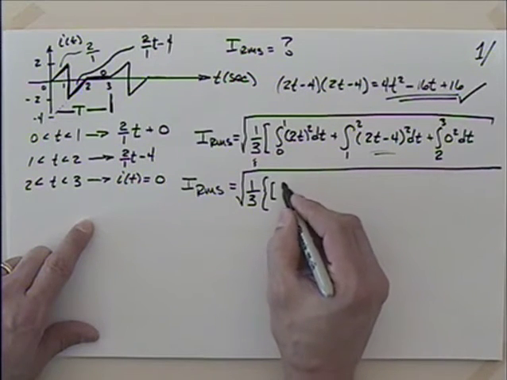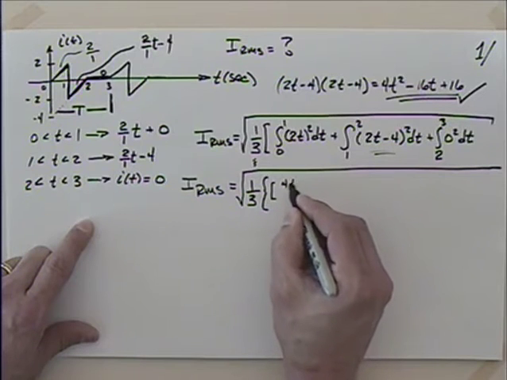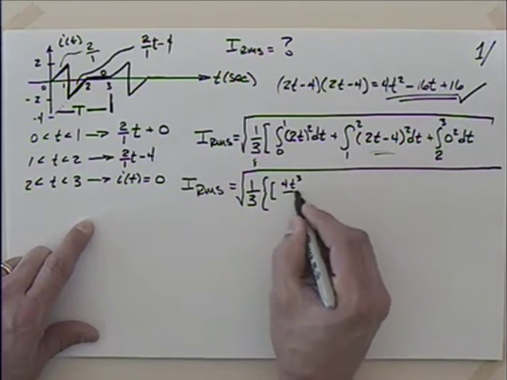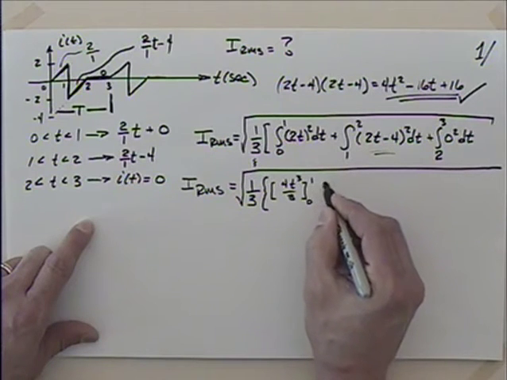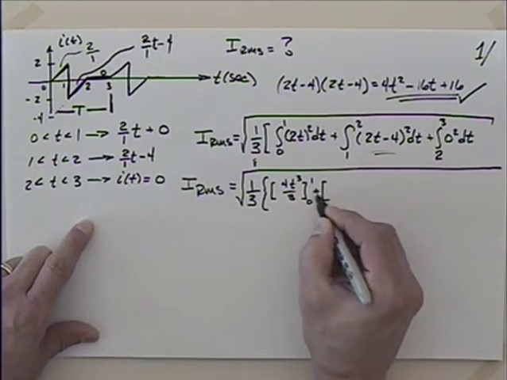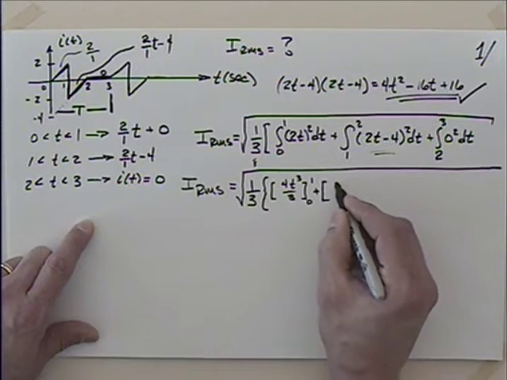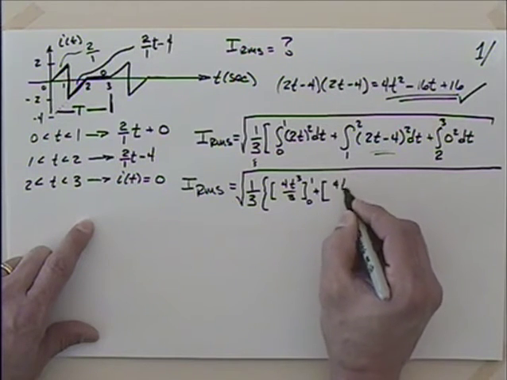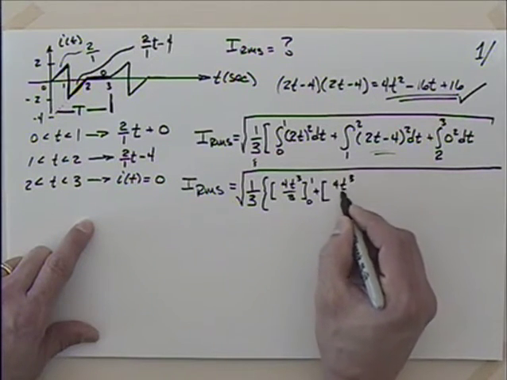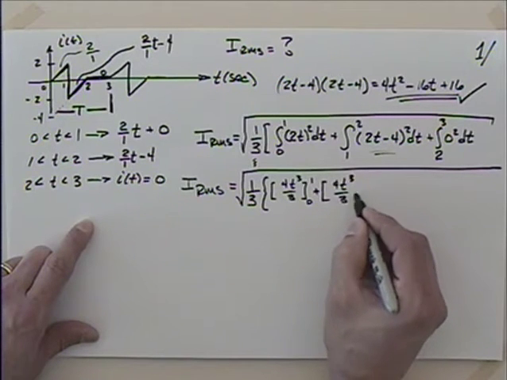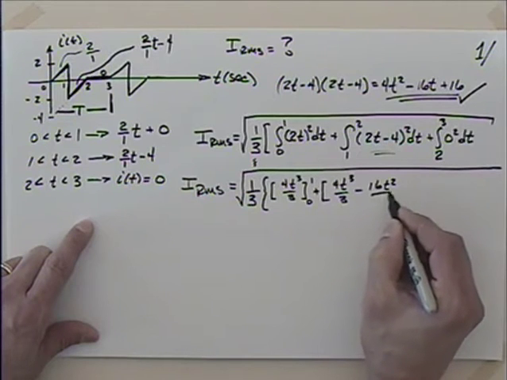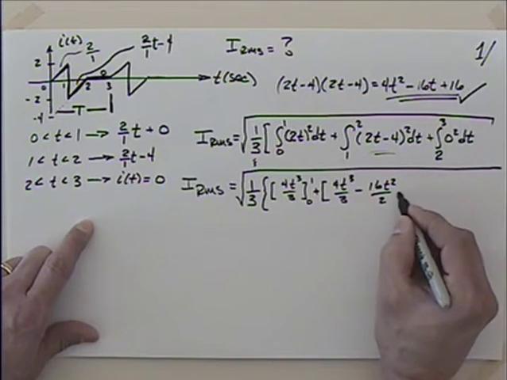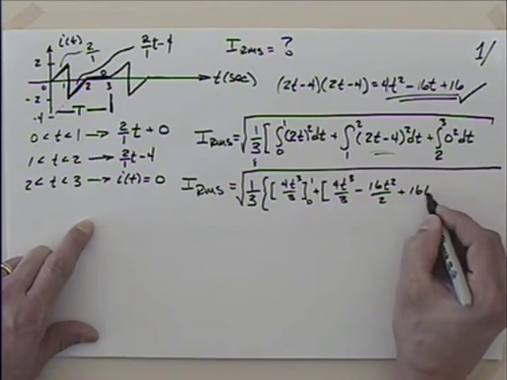This will be 4t cubed divided by 3 evaluated at 0 and 1. Then we'll add to that. What are we going to have here? 4t cubed over 3 minus 16t squared divided by 2 plus 16.